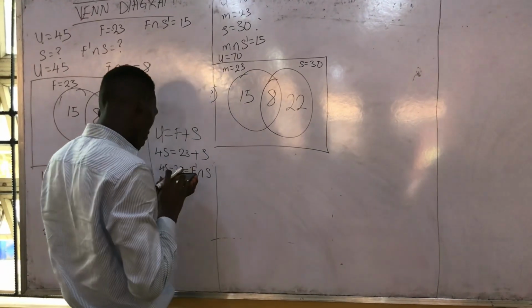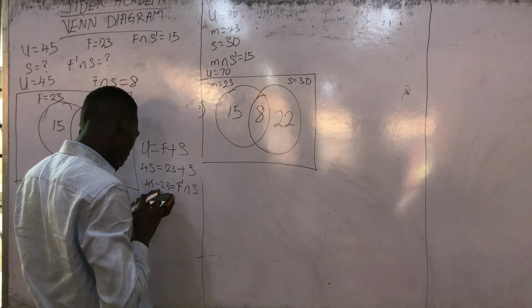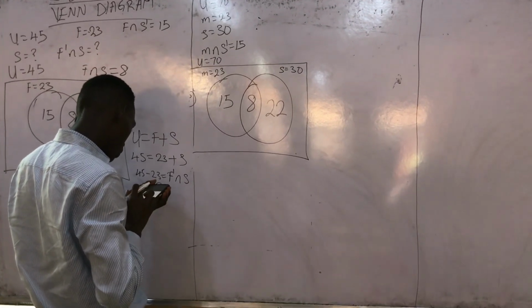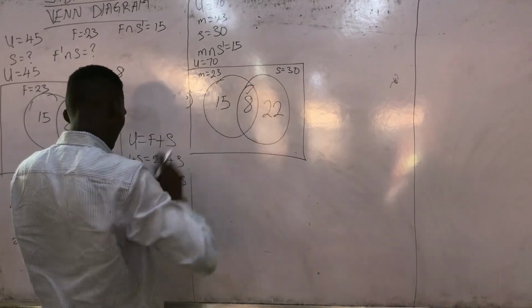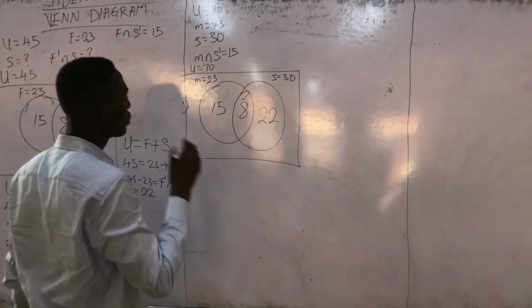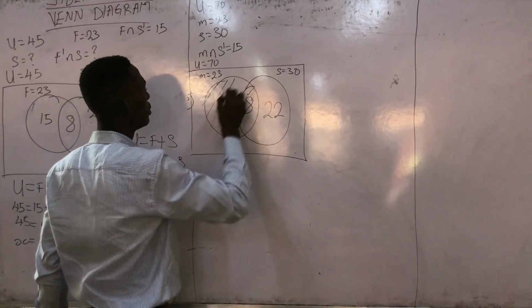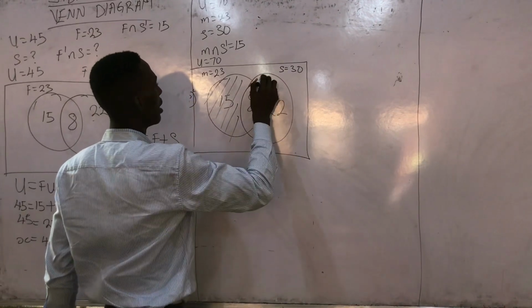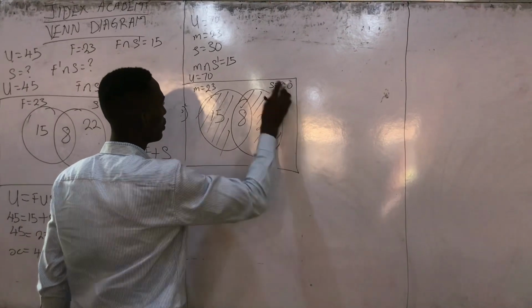So now the next question goes to us. Using set theory, find the number of students who passed in both subjects, which is done, and who did not pass in both subjects. For those that did not pass in both subjects, we shade this region and this region and the rest, but there's nothing more to shade there.